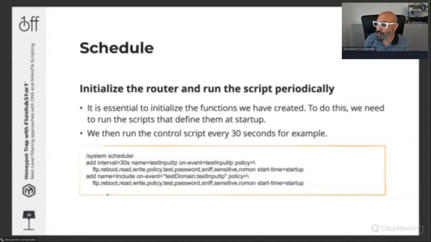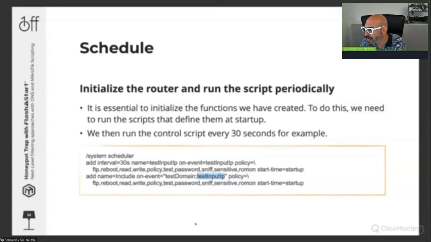Now I need to add the scripts to the scheduler in order to run the script every 30 seconds, the script that analyzes the sender, and the other one included at the very beginning, at startup just once, to test domain and test input IP. This no, I'm sorry.